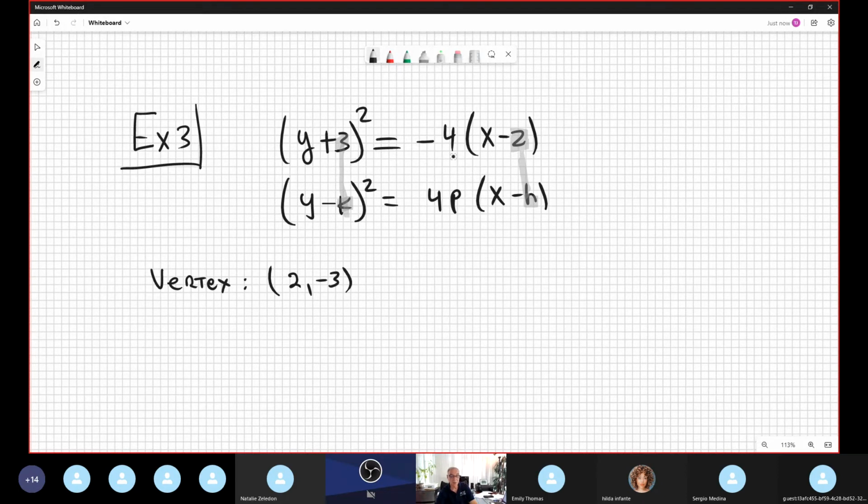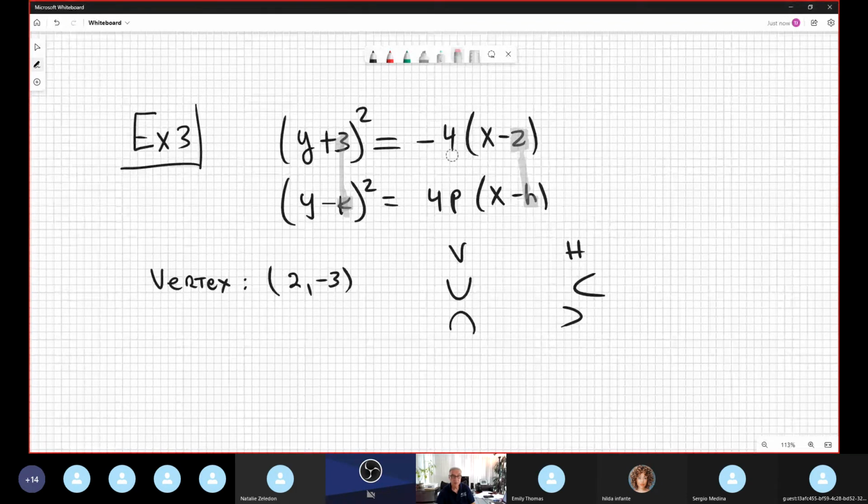But what kind of parabola? Is it vertical or horizontal? Is it like that or like that? In what direction, down or left? To answer this question, when the y is squared, it is horizontal. So you discard that. To determine in what direction it opens, you determine the value of p. You see that 4p is equal to -4.